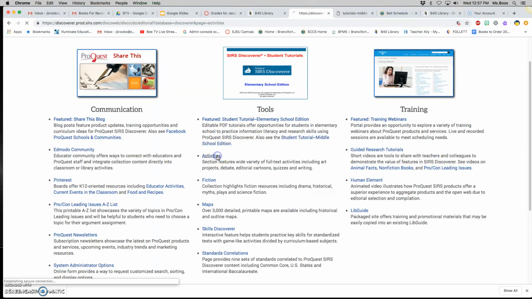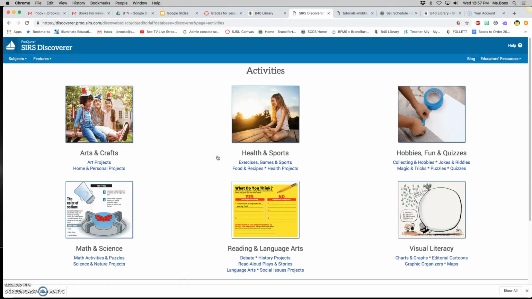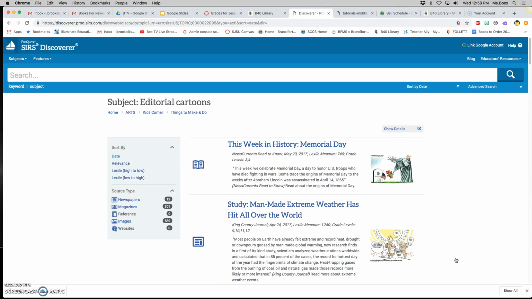The activities page has a great deal of good information. Visual literacy over here, hobbies, fun and quizzes, health and sports, arts and crafts, math and science, reading and language arts. I'm going to look at the editorial cartoons because that's got a great deal of visual literacy happening.